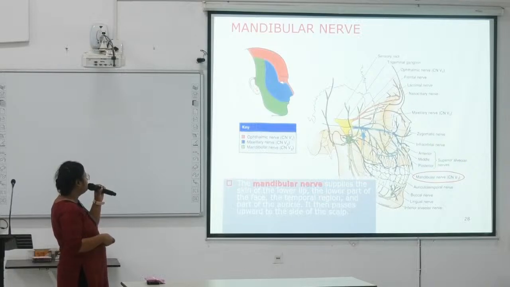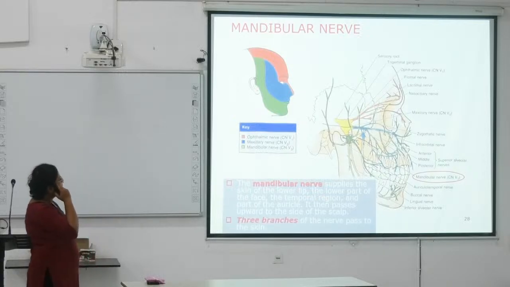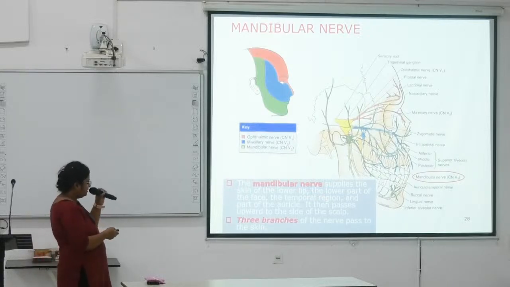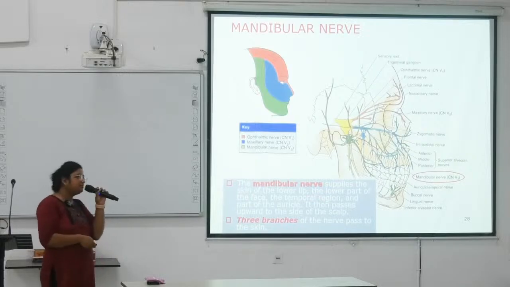It then passes upward to the side of the scalp, mainly through the auriculotemporal branch of the mandibular division. Here also three branches of the nerve pass to the skin.